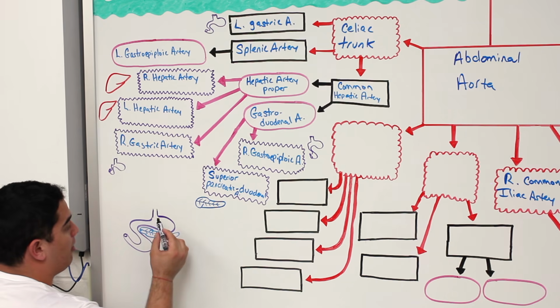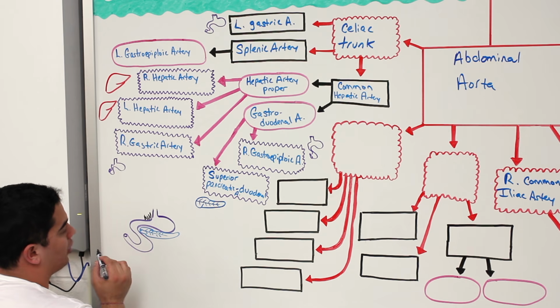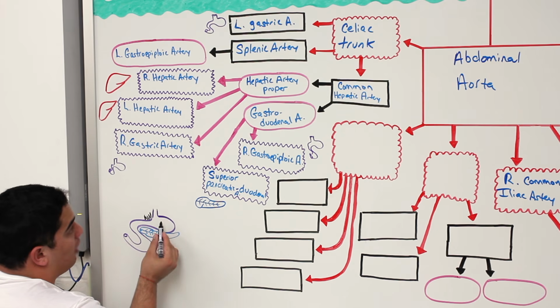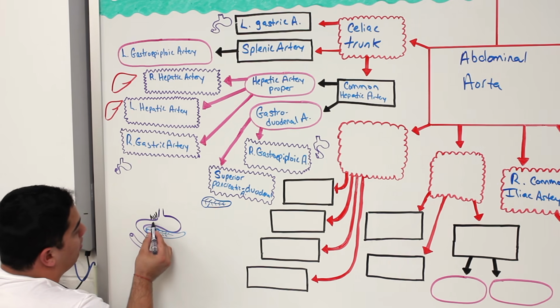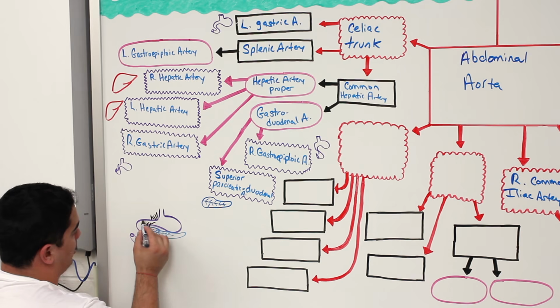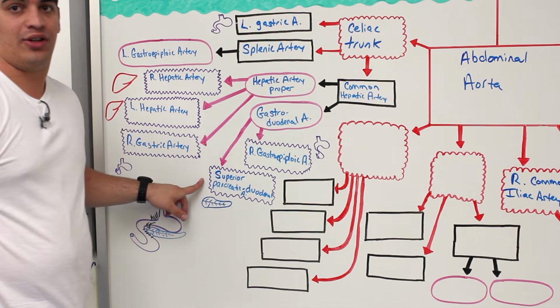One's going to be the gastroepiploic artery, which is going to be supplying this omentum here, the lesser omentum. Then it is also going to supply some of the stomach, but it's also going to go off on another branch. So it gives off one branch, which is going to come over here and supply what? It supplies some branches to the pancreas, as well as going to supply parts of the duodenum. Okay, so that's the superior pancreatic duodenal artery.